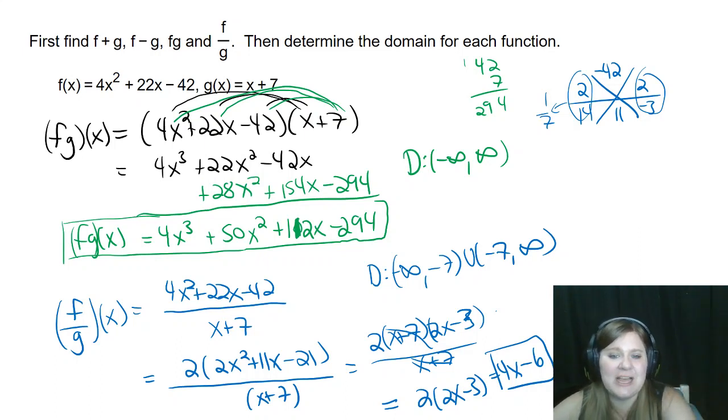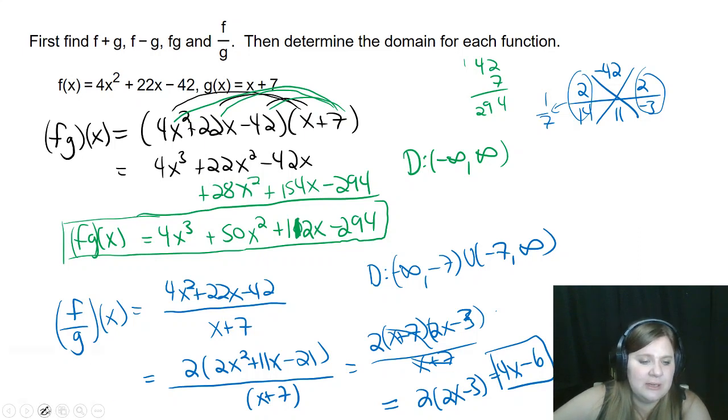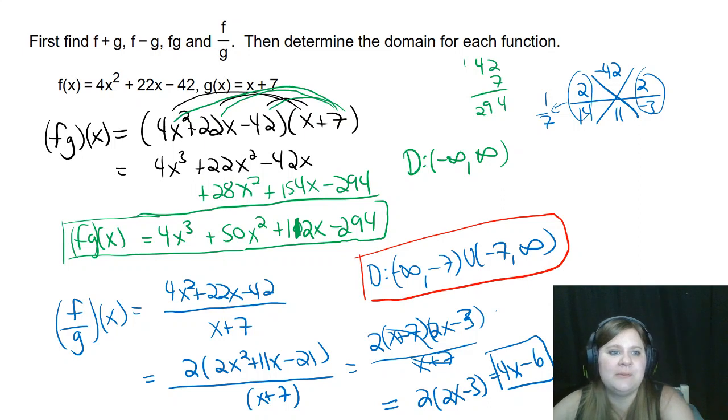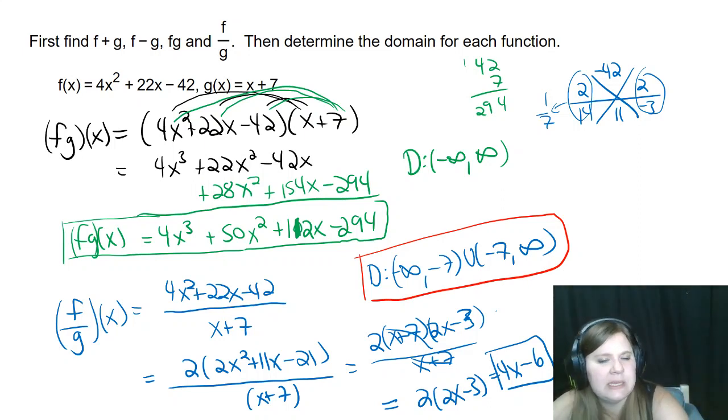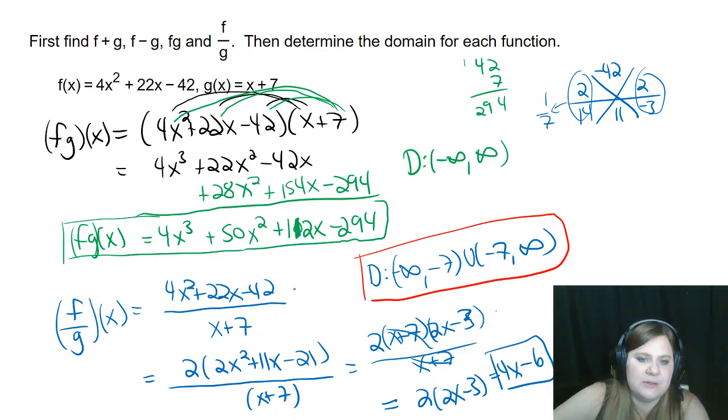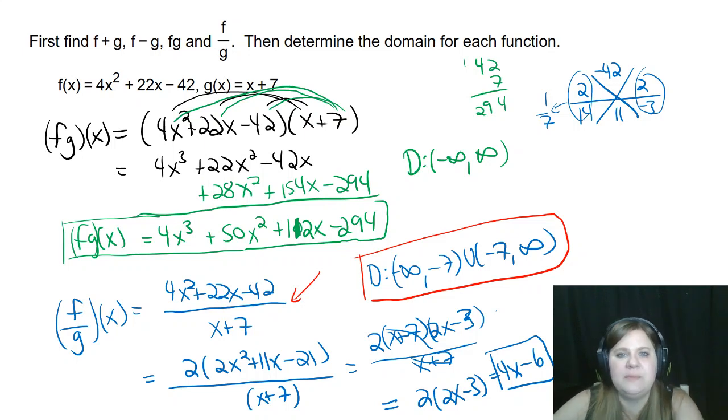But it still has the domain restriction at negative 7, because if I were to plug negative 7 into this version of it, I would be dividing by 0, which is not good. So just keep in mind that even if it does simplify, look at its original format before the simplification to find what your domain is.